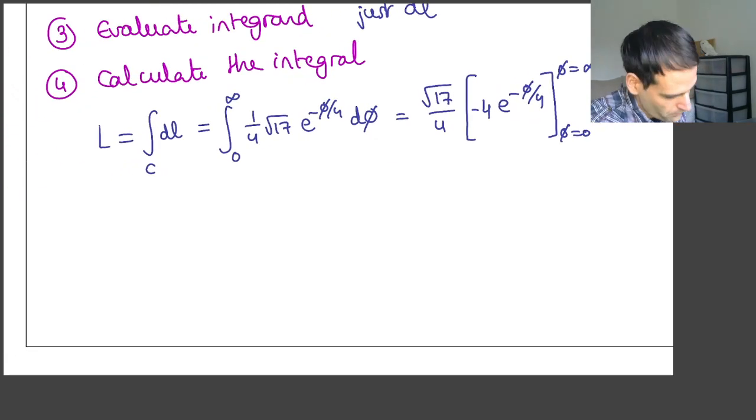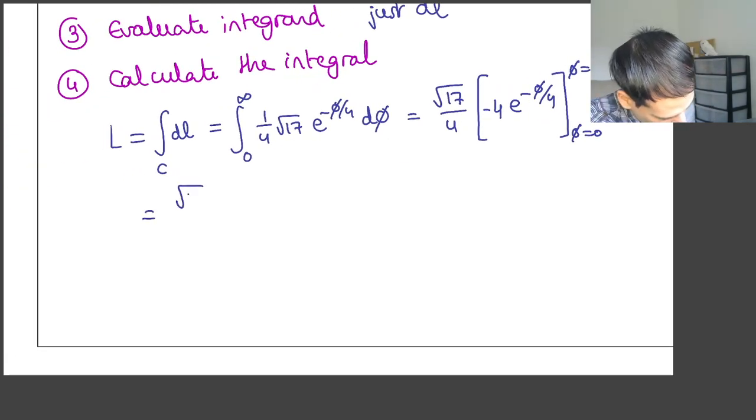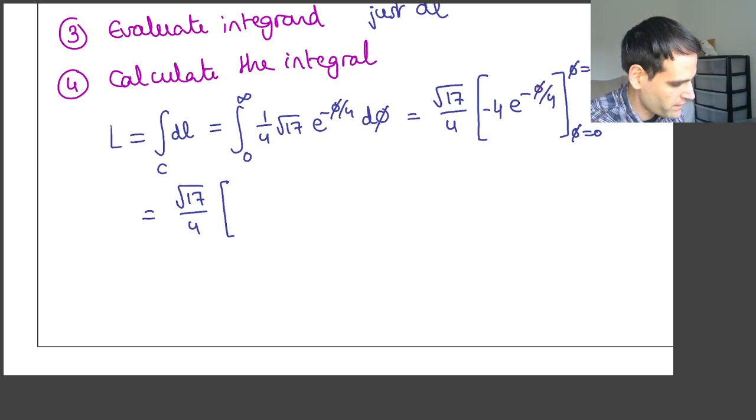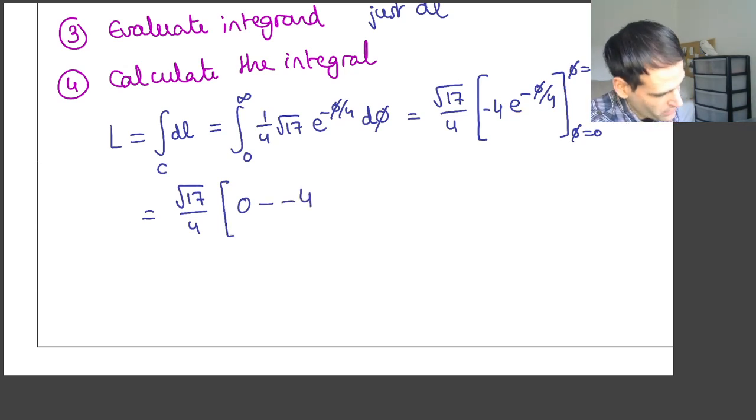So this gives you square root of 17 over 4 times, when you evaluate this at infinity, you get the exponential of minus infinity, which is 0. So you get 0, and then minus 4 times the exponential of minus 0, and the exponential of minus 0 is 1. So you get 0 minus minus 4, which is 4, which cancels out with the 4 below.